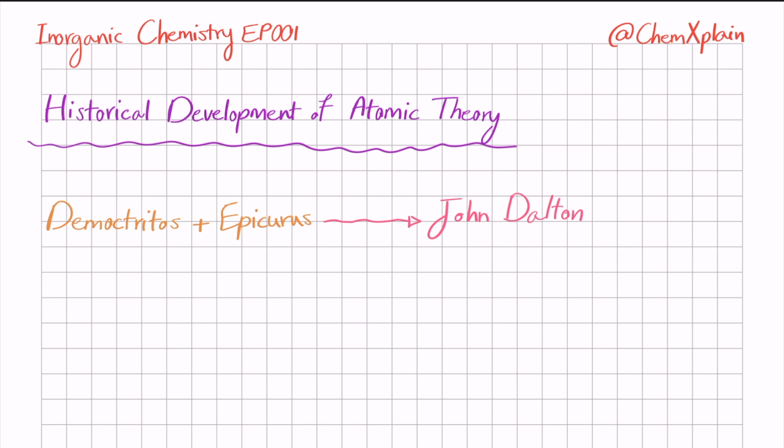So let's move a little forward about the year 1808 when John Dalton published A New System of Chemical Philosophy, in which he talked about the new atomic theory. Well, let's have one of the most important principles of John Dalton's theory.